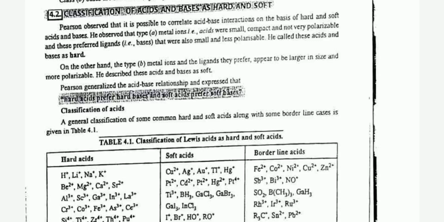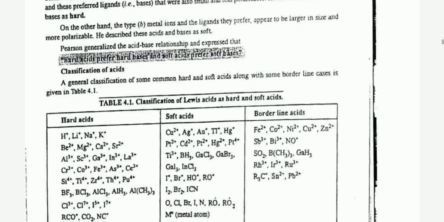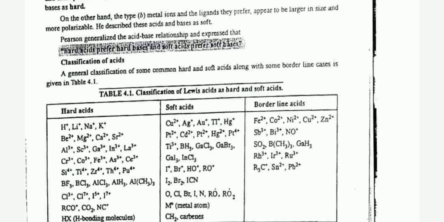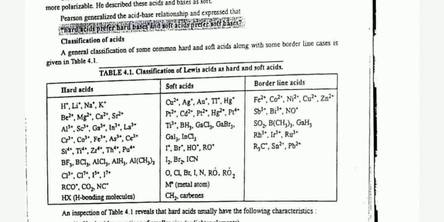On the other hand, type B metal ions and the ligands they prefer appear to be larger in size and more polarizable. He described these acids and bases as soft. Pearson generalized the acid-base relationship and expressed that hard acids prefer hard bases and soft acids prefer soft bases.